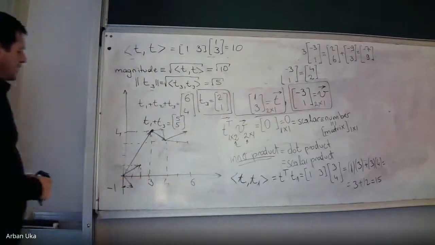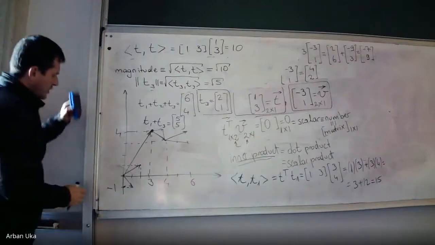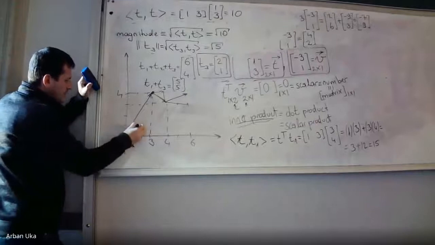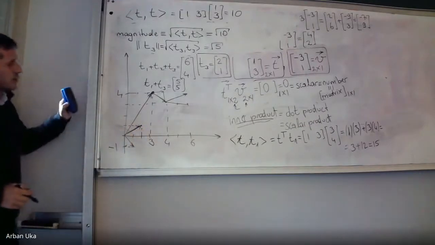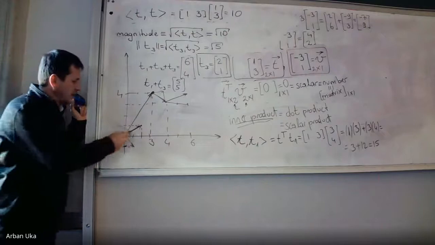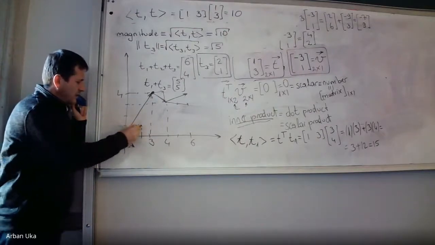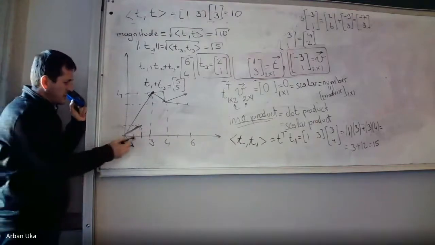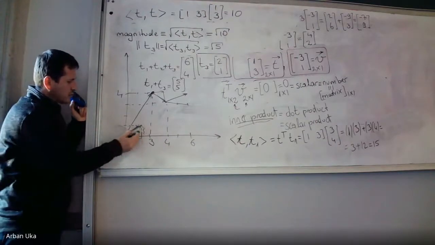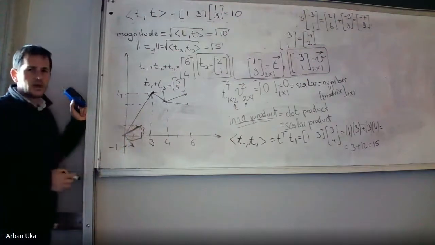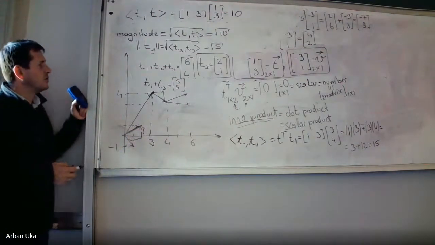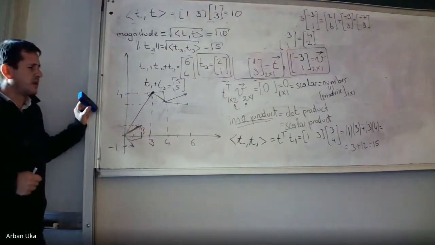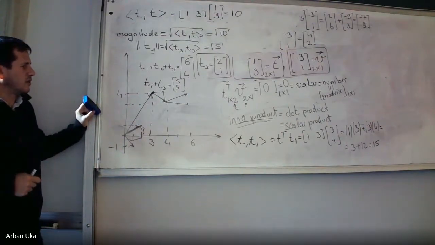So where is this T3 on the board? It is this vector, which is (2, 1). And the square root of 5 is in fact the length of this vector. So how long is this? We use the Pythagorean theorem, which states that 2 squared plus 1 squared gives the hypotenuse squared.